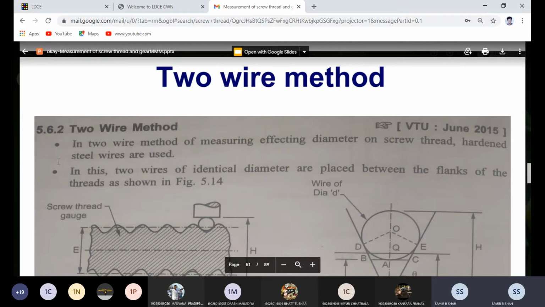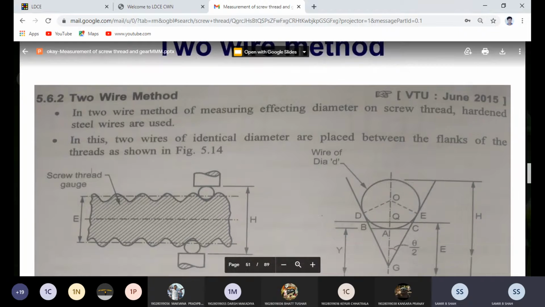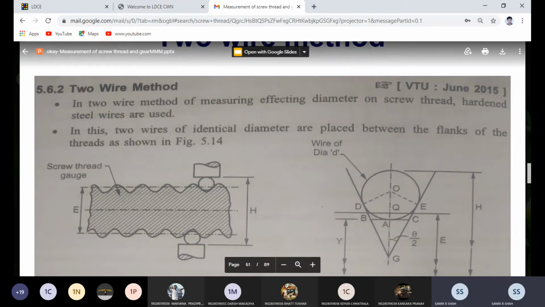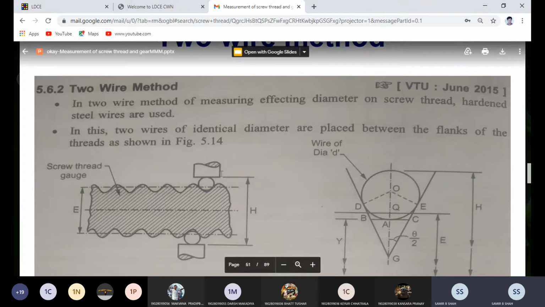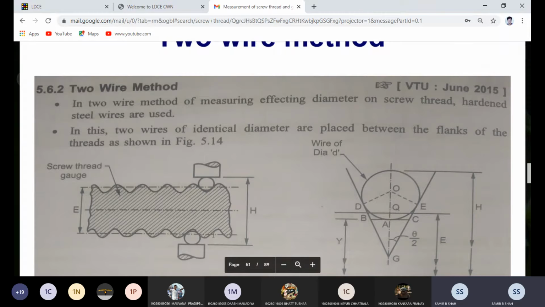So hardening is necessary when we go for the measurement of the effective diameter. In this, two wires of identical diameter are placed between the flanks. Okay, as you can see in the figure, two wires are arranged or placed between the flanks.